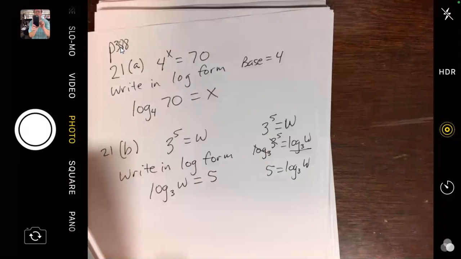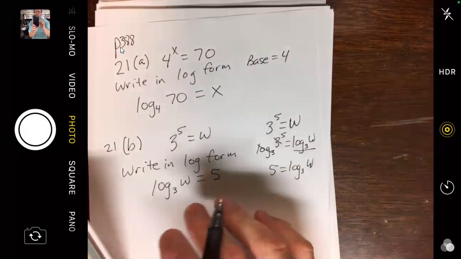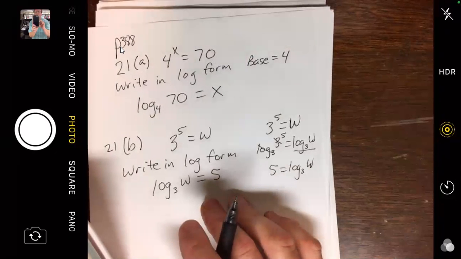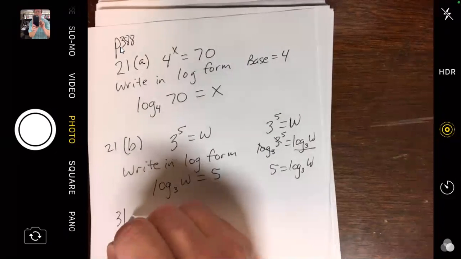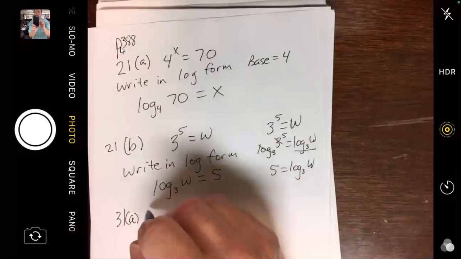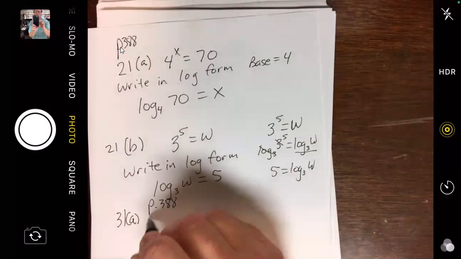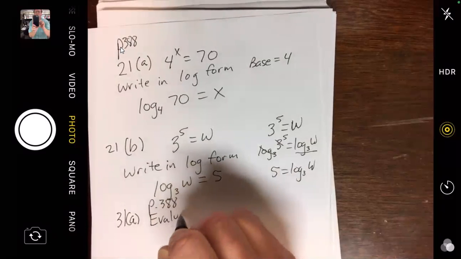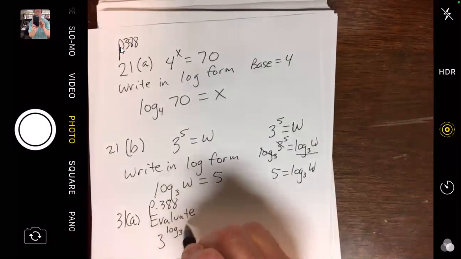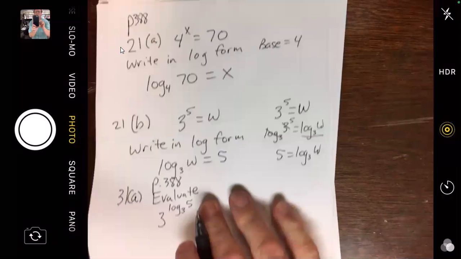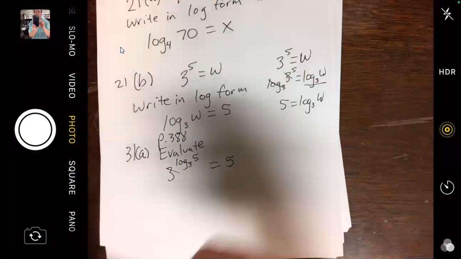All right, we can go on, and why don't we try one like 31, it's pretty simple. 31A, page 388. I want you to evaluate 3 to the log base 3 of 5. Yes, this would indeed come up 5, because these would cancel.